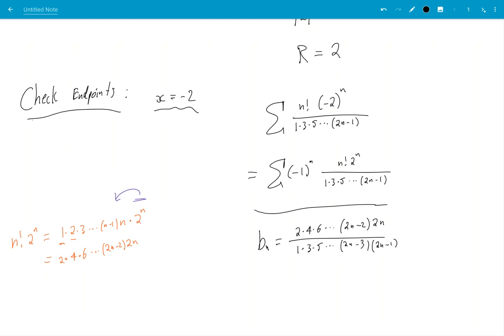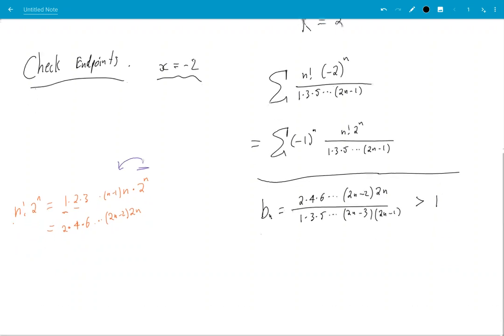Okay, now that I'm thinking about it this way, I'm going to look at this and say to myself, oh, that's bigger than 1. Because this is bigger than 1, and this is bigger than 1, and this is bigger than 1. Okay, they're all bigger than 1, right? So Bn is bigger than 1. So what does that say to me?